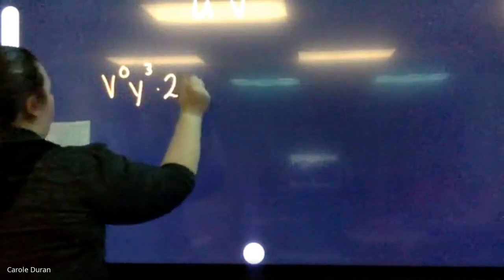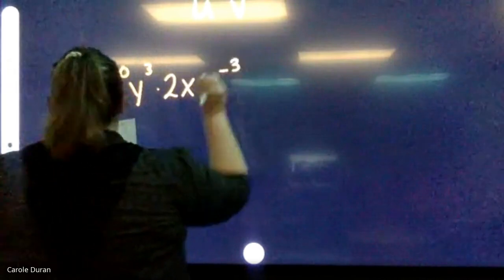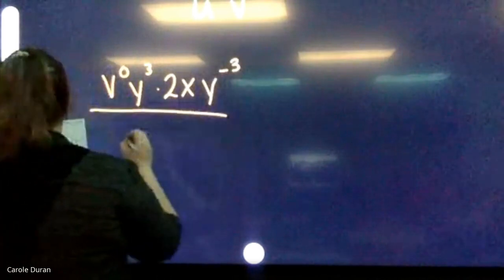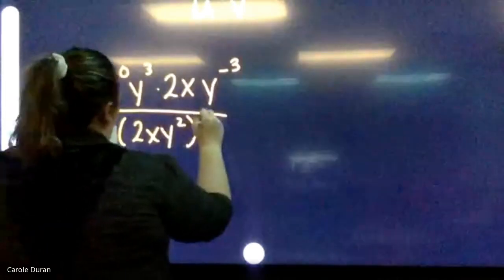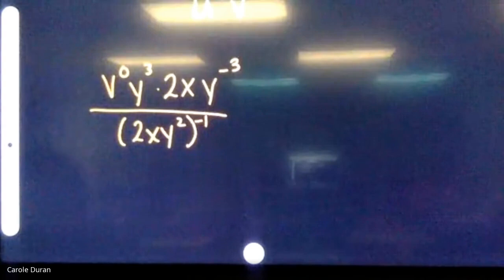The next example I have is v0 y cubed times 2xy negative 3 over 2xy squared all to the negative 1 power.